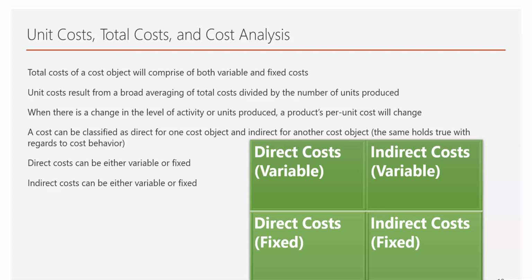If we have to make certain types of GAAP decisions, we might want to focus on direct and indirect costs and ignore whether they're variable or not for decisions regarding the income statement, GAAP, and so forth. However, if we're making management decisions, a lot of times we'll want to focus on variable and fixed.